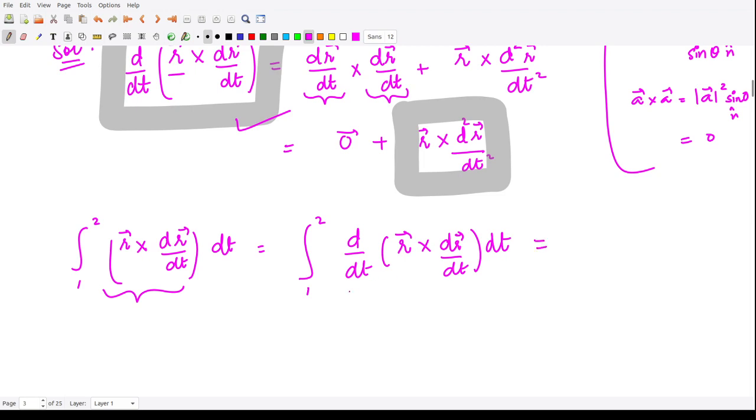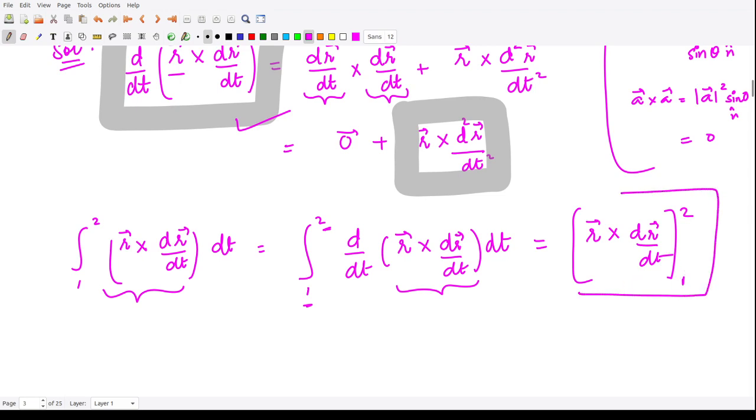Now the differentiation and the integration nullify each other's effect. So basically we will have the value of this function r cross dr by dt evaluated at the limit points. That means you will substitute the final and the initial limit here, right? So we are to solve this quantity now. That is the next task over here.